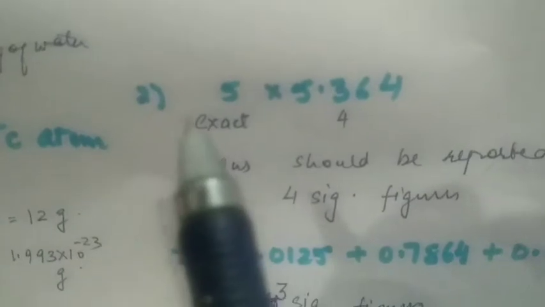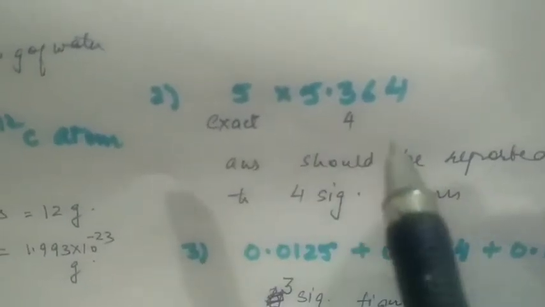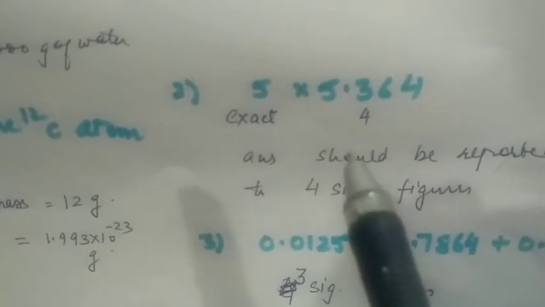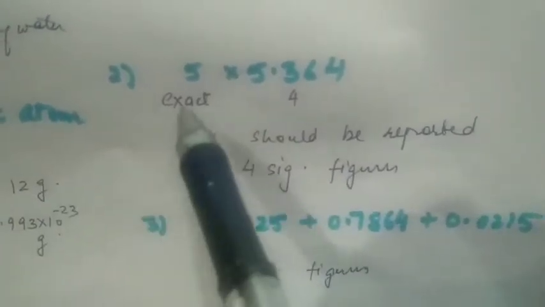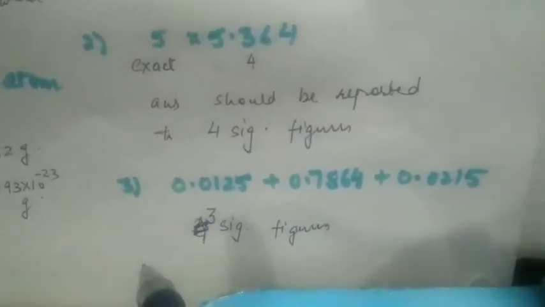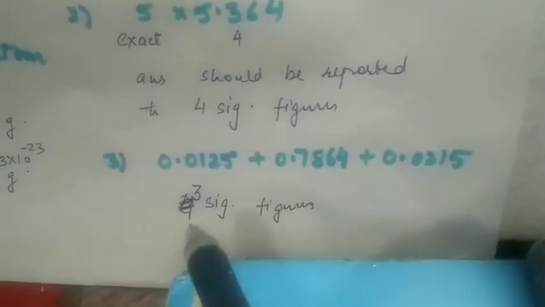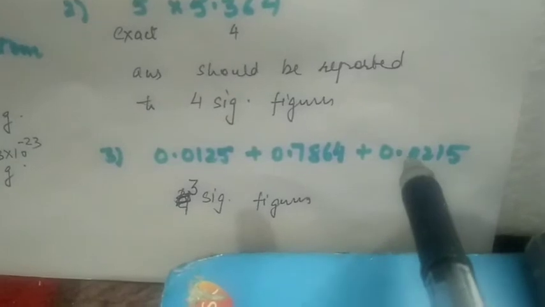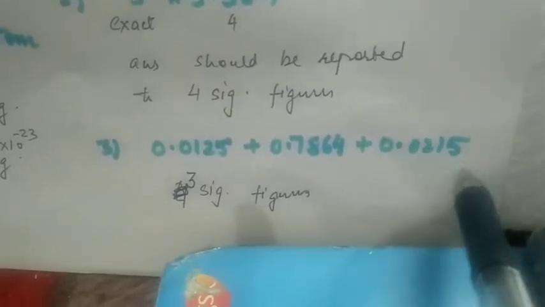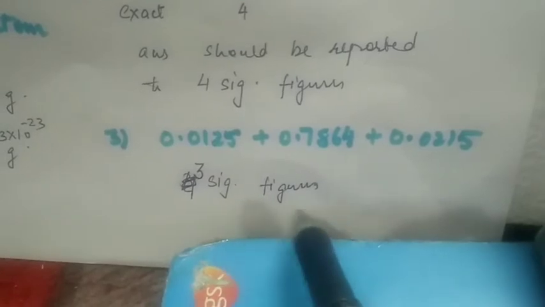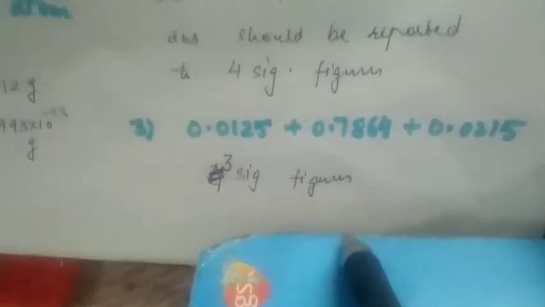In case of 5 into 5.364, we will give the answer with 4 significant figures. The exact figure 5 is ignored. In this calculation, we have this term which has the least number of significant figures, 3. So answer will be having 3 significant figures.